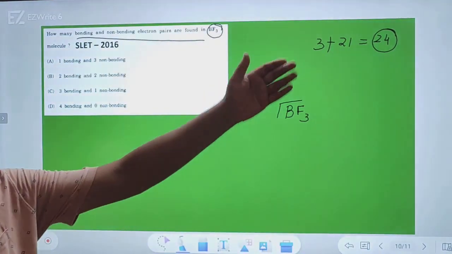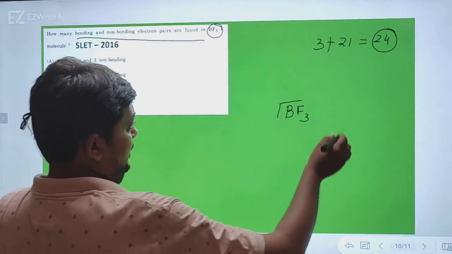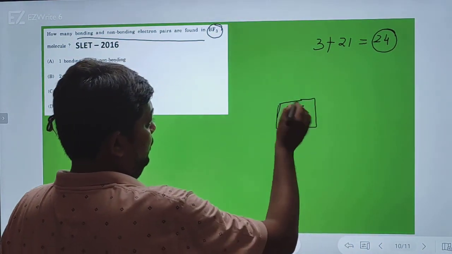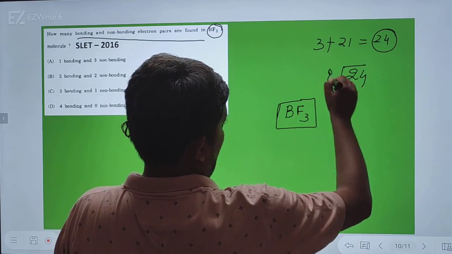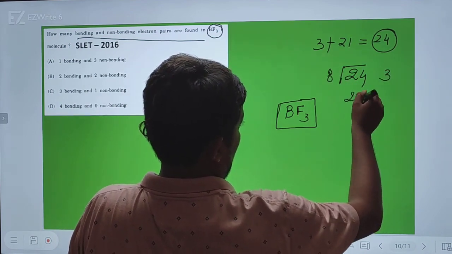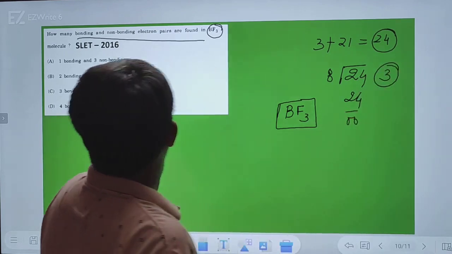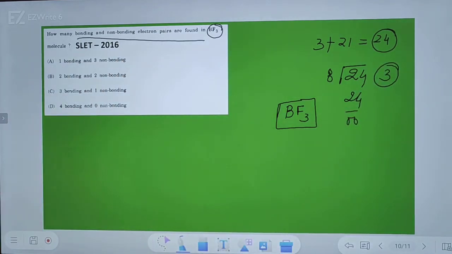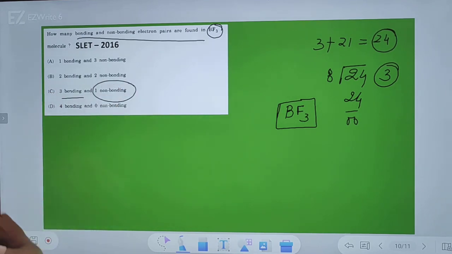What are we doing? We are just making a sum of the valence electrons of each atom, and if it is 24, you know it very well: 8 three times is 24, so all 3 bond pairs, no lone pairs. So 3 bonding, but the query also asks for non-bonding.